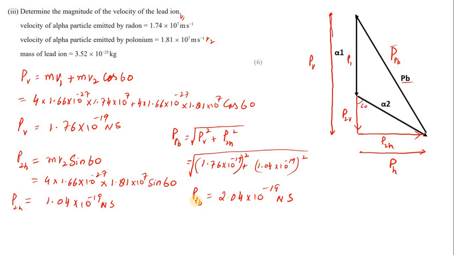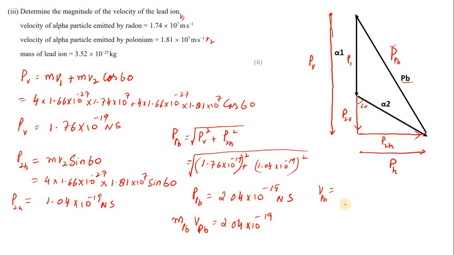And this momentum is mass of the lead times velocity of the lead, PB, 2.04 10 to the power minus 19. So velocity of the lead will be this divided by the mass.